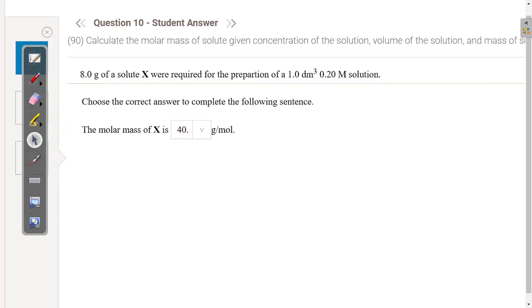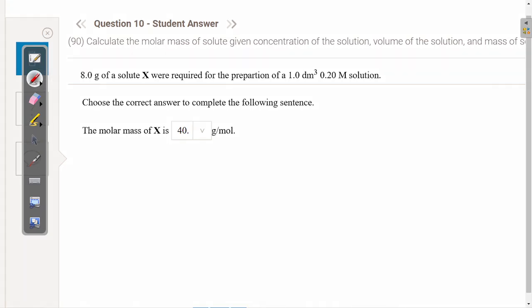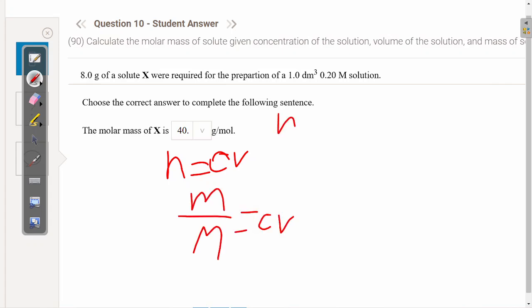8 grams of a solute X were required for the preparation of 1 decimeter cubed of 0.2 molar solution. The molar mass is what? Okay, you guys know that n equals CV, so we can write that m over M equals CV, right? Because n equals m over M from before.